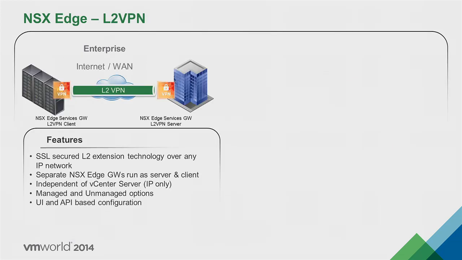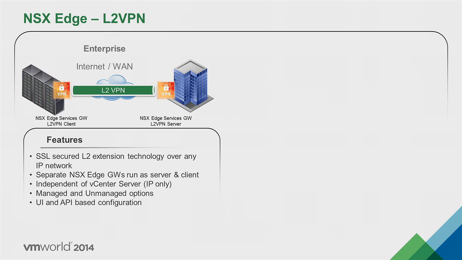And finally, L2VPN is the final feature of NSX that we're going to cover. It's provided by the NSX Edge Services Gateway. I'm going to come back to this in a bit more detail, but at a high level, what L2VPN provides us is an SSL secured layer 2 extension over any IP network. So we run an NSX Edge Gateway in one location as an L2VPN client, while another edge in a different location and different administrative domain runs as an L2VPN server.